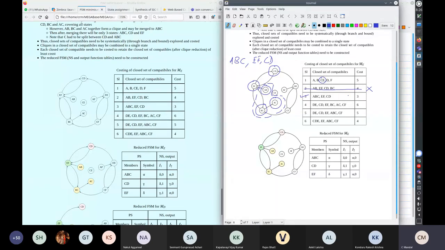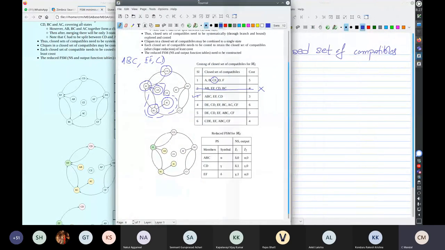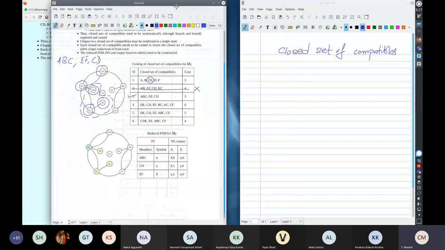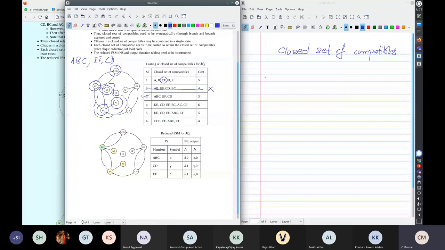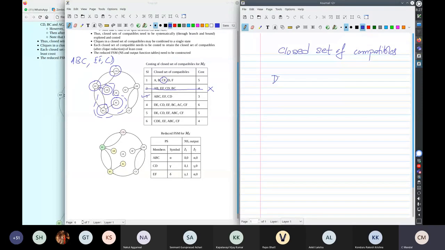Now, you can try to consider this. So here, if you take DE, you find that you have to take a lot. Can you trace this graph and tell me, one of you, if you take DE, which other compatibles you have to pick as well? If you take DE, you find that you have to take CD, you have to take CF.